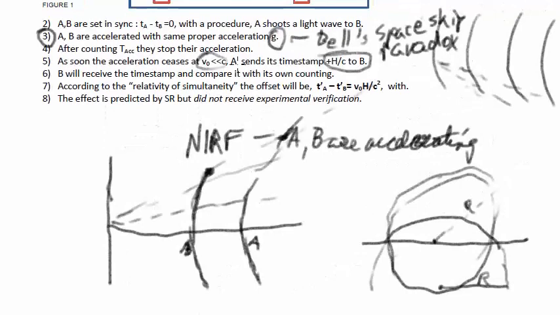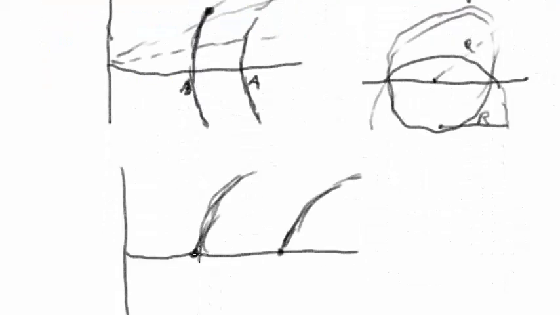I don't know when the synchronization takes place. Does the synchronization take place before the acceleration starts, or are they already accelerating when you try to synchronize them? That's kind of ambiguous in the form. Let's say they're both accelerating when the synchronization takes place.